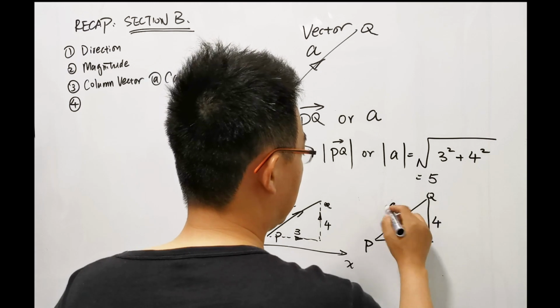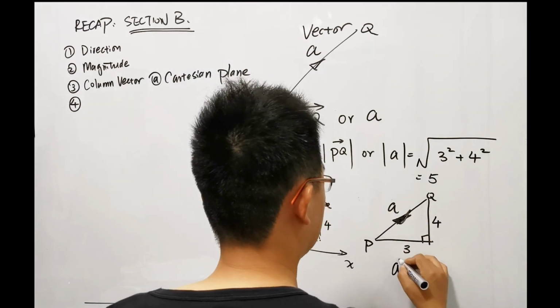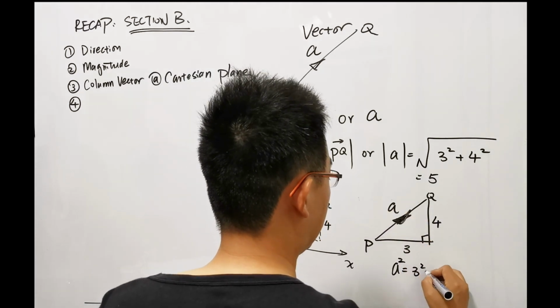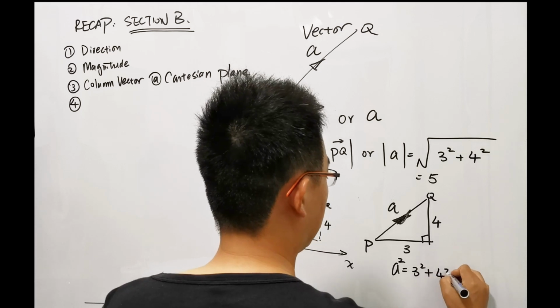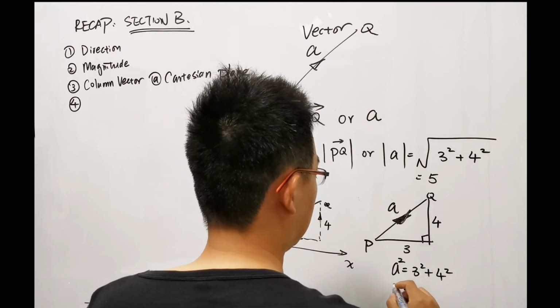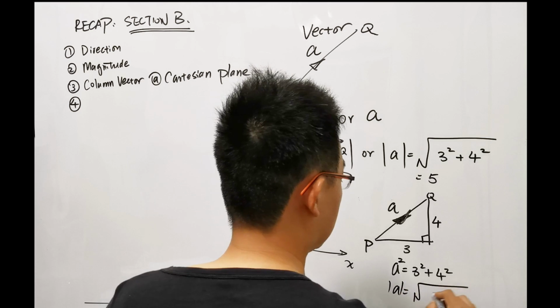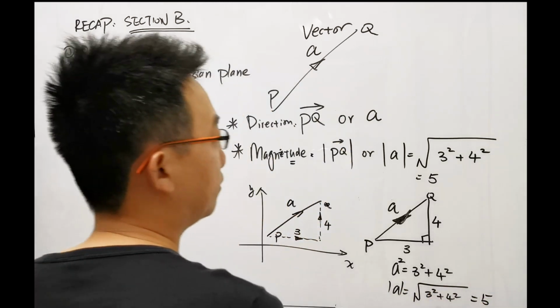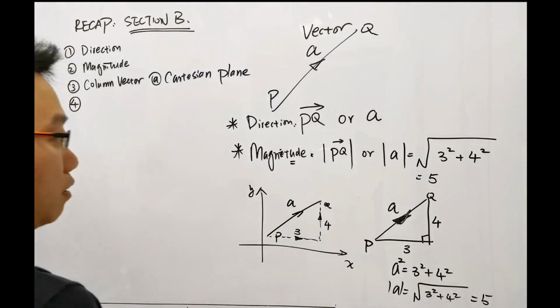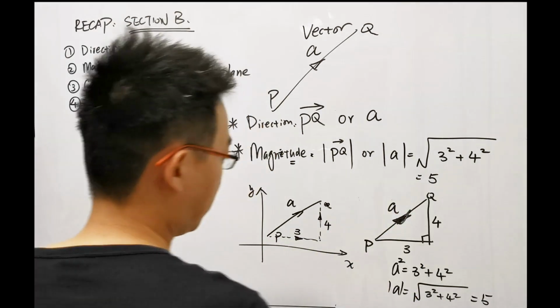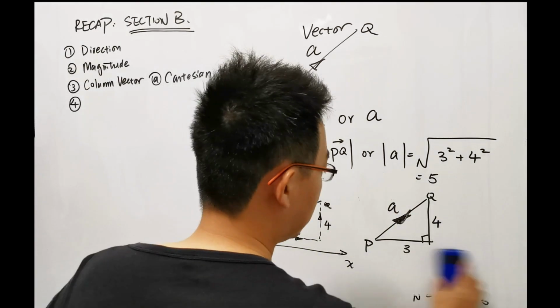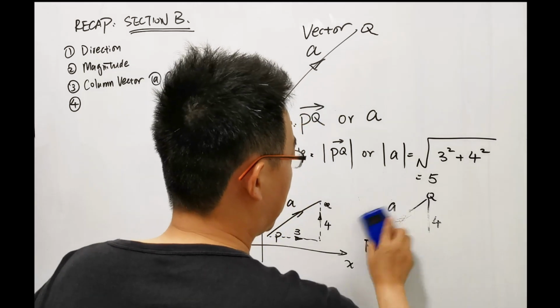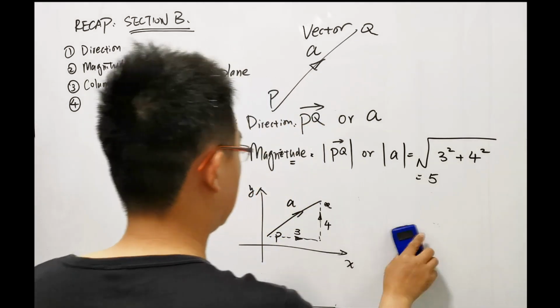We find A squared equals 3 squared plus 4 squared, so A is 5. This is how we come up with this magnitude, how we do the calculation.